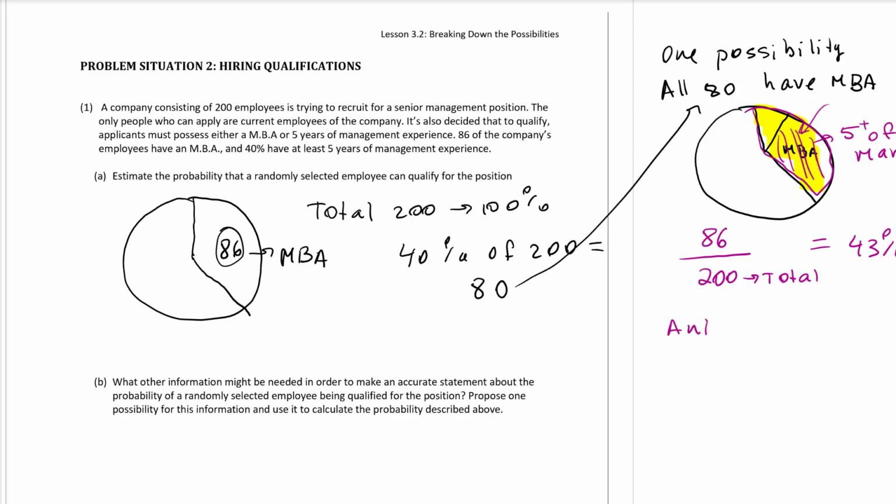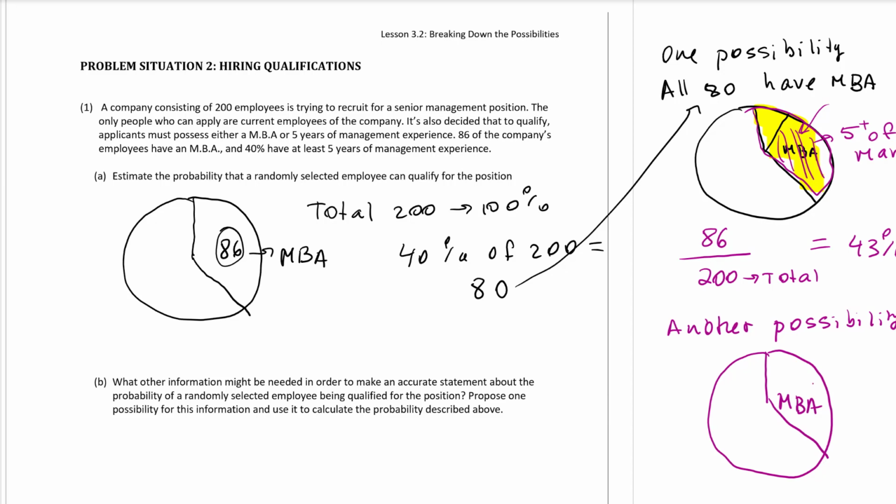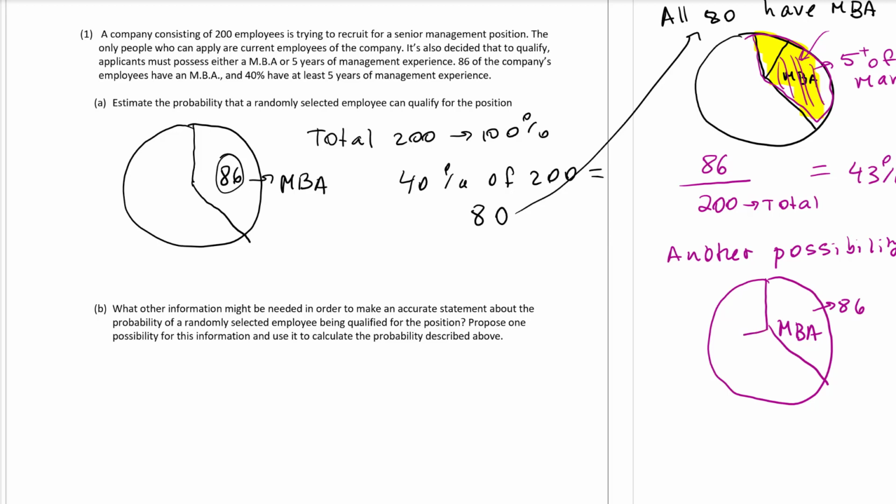Another possibility is that those who have the 5-year experience do not have an MBA. So in other words, we have 86 MBA people, and 80 who have 5+ years of experience, and they don't overlap.